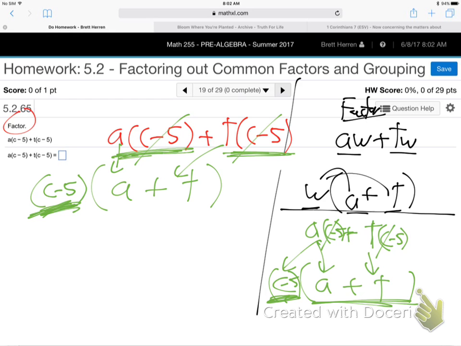The left, right thing doesn't matter at all. Just like the order of multiplying 2 times 3 is not any different than 3 times 2. It's 6 either way you do it. This could be thought of as C minus 5 times A, and it's exactly the same thing. So nothing magical about left side, right side. It's just what they have in common. You just look and say, these two, what do they both have? Same, common. Parenthesis C minus 5, whether it's on the right or the left.